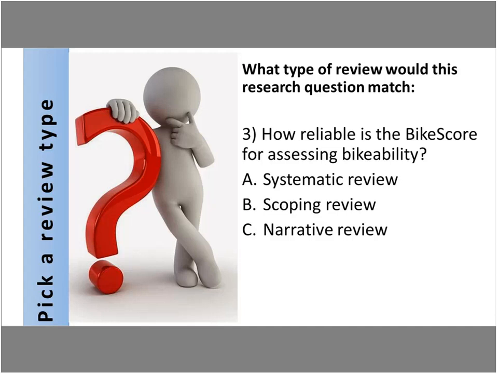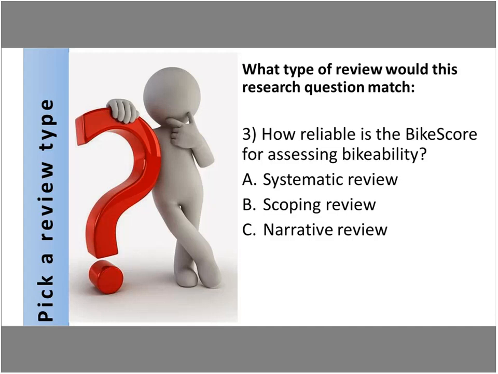And then as the student started collecting things, she found out that there were many other types of assessment, and she wanted to include more and more. Then we got to the point where we felt like it was really on the line between a scoping and a systematic review.